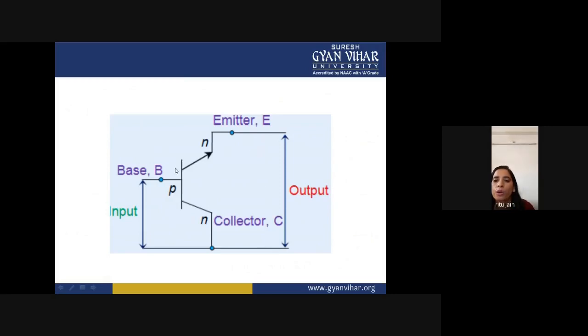If you want to draw the input characteristic, you have to take input components, which means input current and input voltage. So input current is your base current, and input voltage is your VBC, means base and collector voltage.